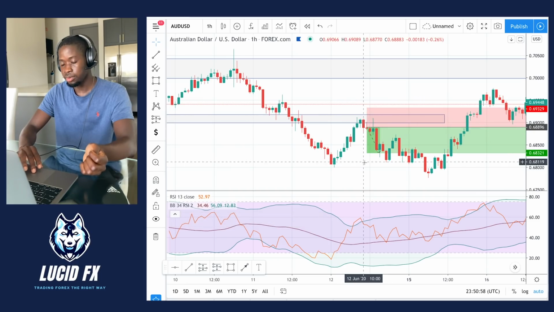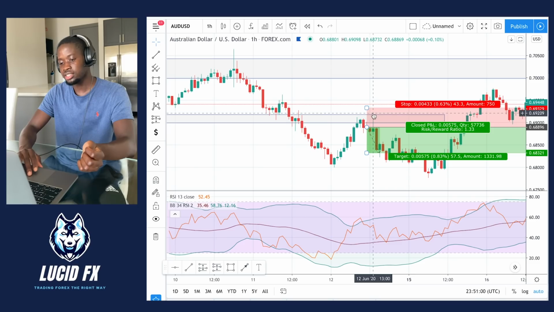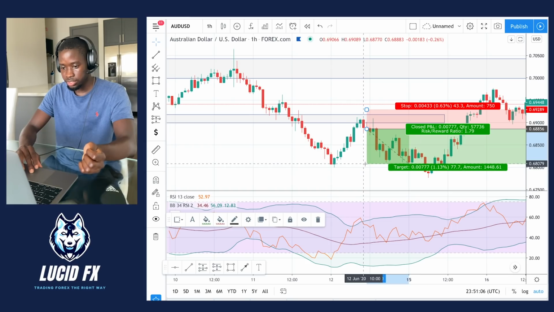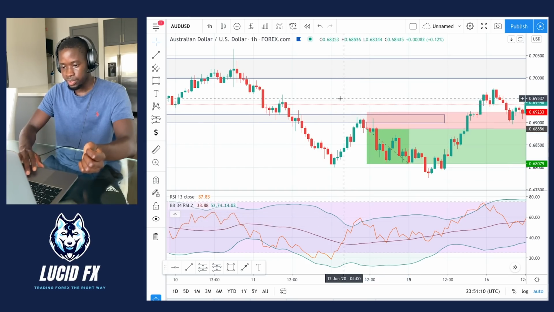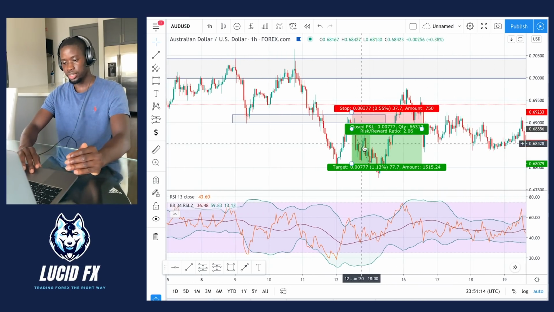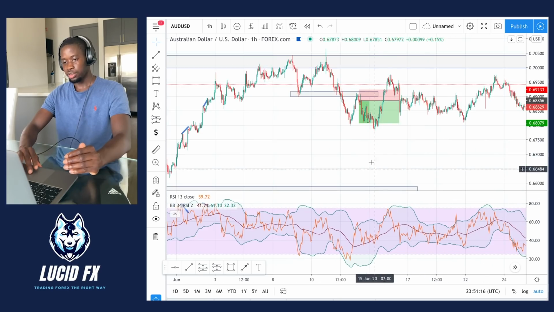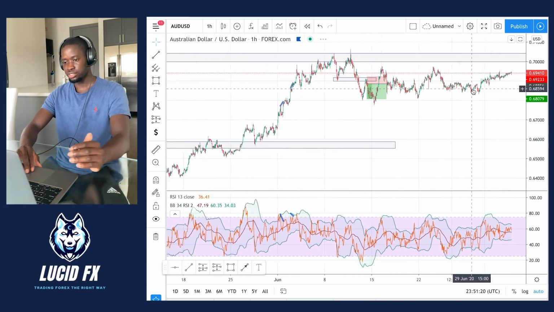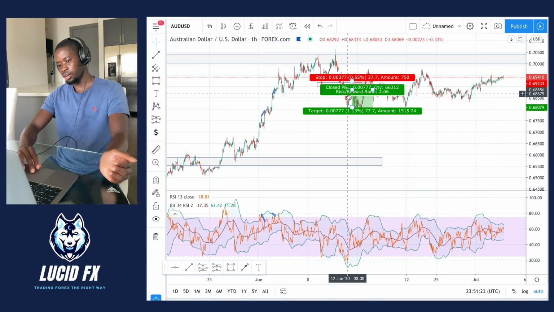Price rejected from an engulfing bar, came up, tested this level again, got rejected, and boom, we were good to go. Take profit, you put it somewhere here, stop loss somewhere above the level so you wouldn't get stopped out easily, and bam, price went all the way down to the take profit, then went all the way back up, and it's starting to consolidate now and slowly looking like it's going up.